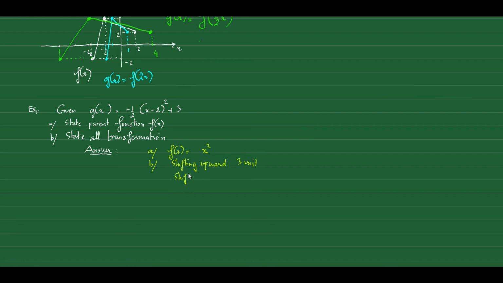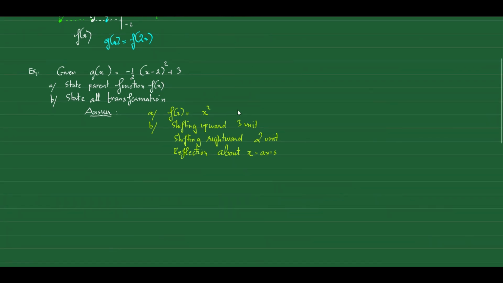Shifting rightward 2 units, because it's minus. We have the minus in the front, so we have reflection about the x-axis.